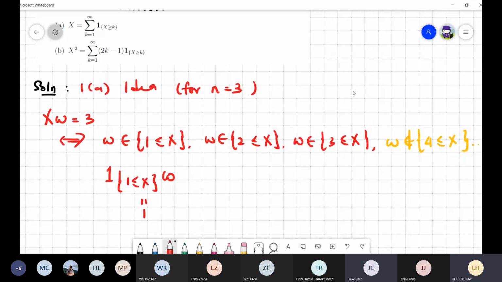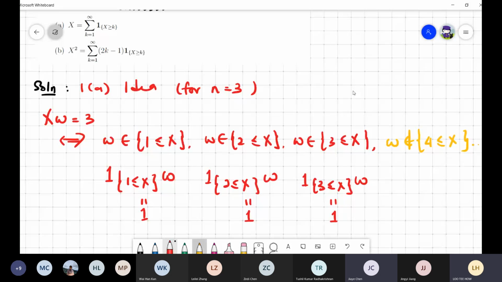Yeah, and the next one, refer to this set x equals 2 of omega again. This is also equal to 1, and the indicator of omega corresponding to this event must also equal 1.